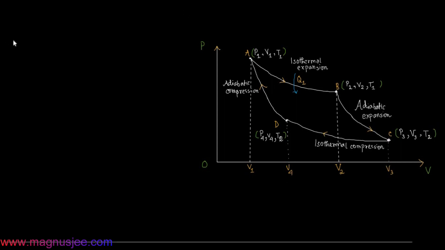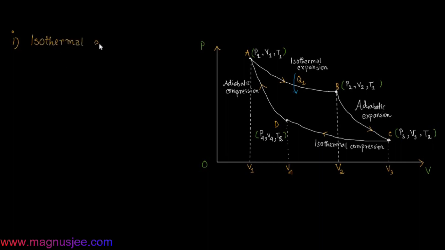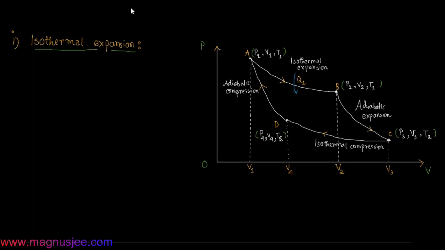Now we shall find the work done by the gas during isothermal expansion along the path AB in the PV diagram. We should consider isothermal expansion of the gas from the state A to B along the path AB.